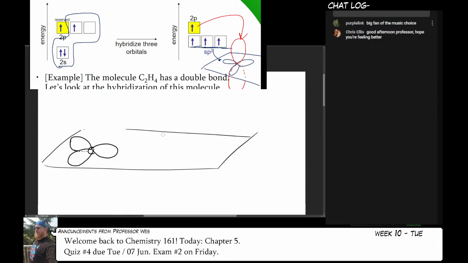I'm going to put my p orbital above and below this plane.